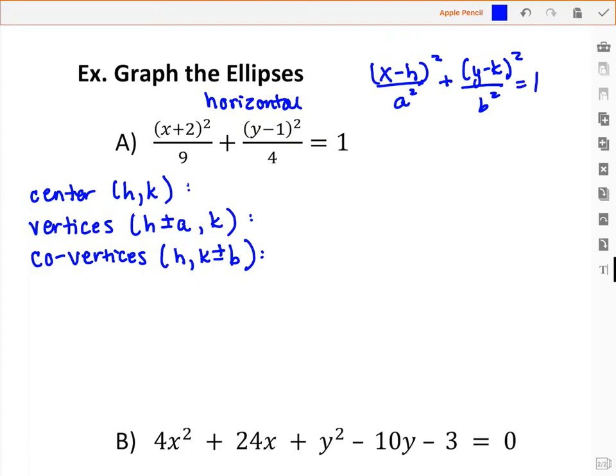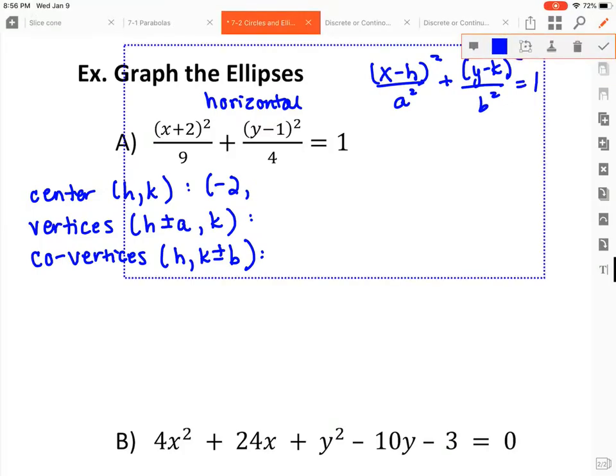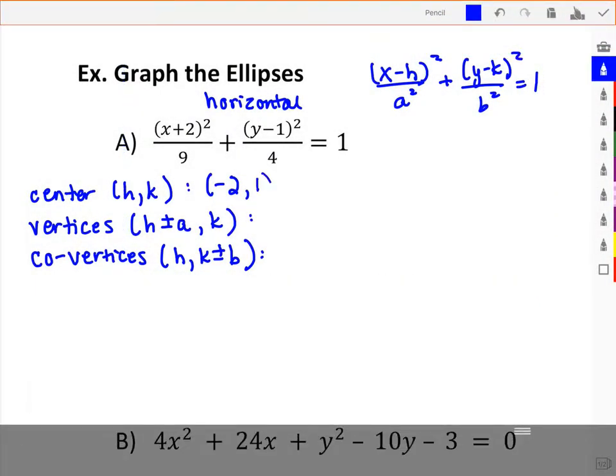Our h here is negative 2, and our k is going to be 1. We've had some problems like this before. Just remember that you're changing the sign of what's inside those parentheses because we've got x minus h. So x minus a negative 2 is where that positive 2 came from. We just changed that sign.